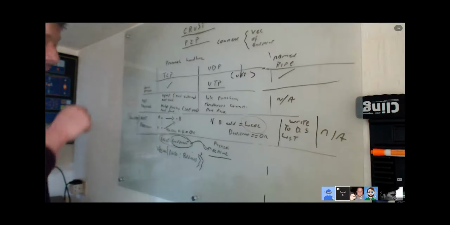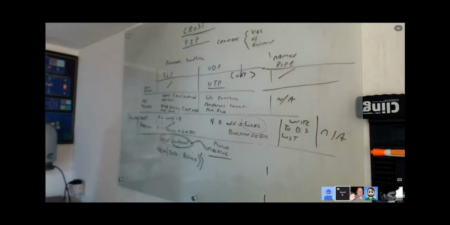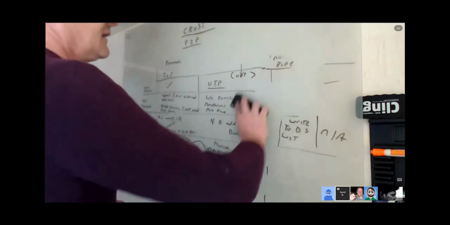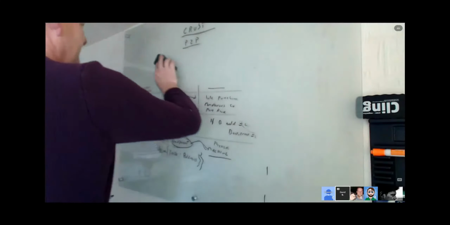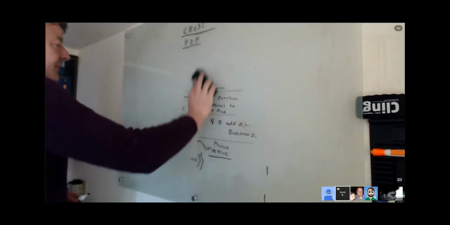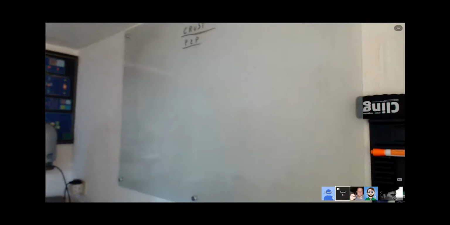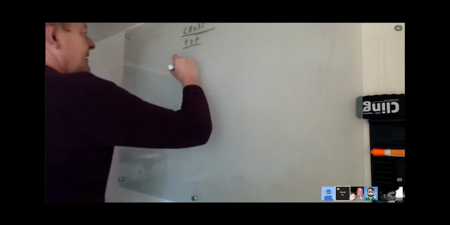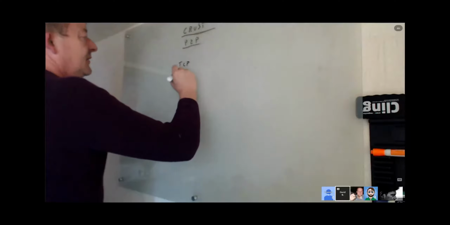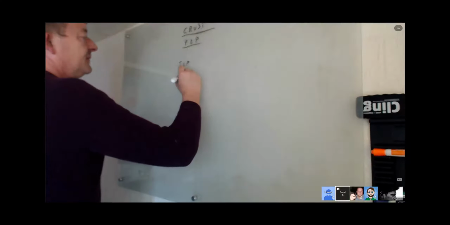So when a CRUST node starts, it's going to have a list of protocols it knows it can deal with. So a CRUST node starts and it might know that it's got TCP and UTP.